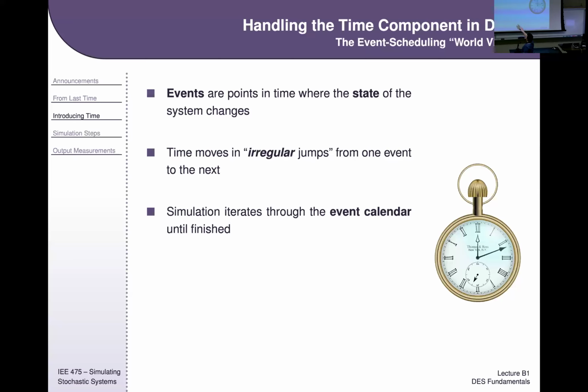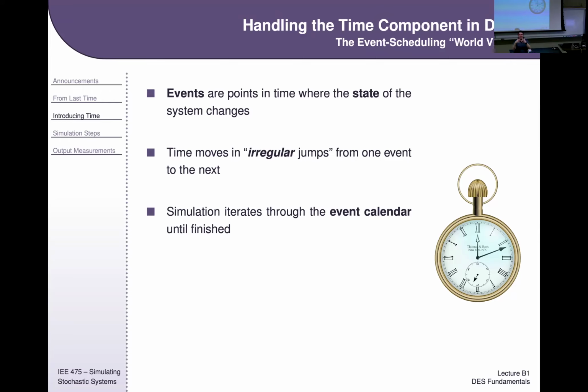The simulation is going to iterate through what we call the event calendar. This is what you're going to hand simulate on your homework. If I only care about the time when the next arrival comes through that door, then when the previous arrival came through, I need to schedule the next arrival on my calendar so I know where to jump next.